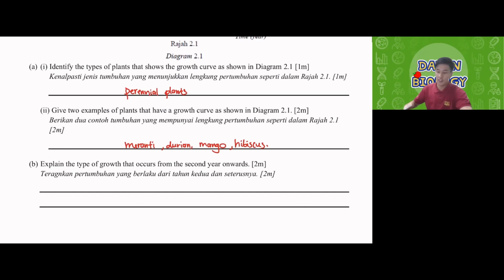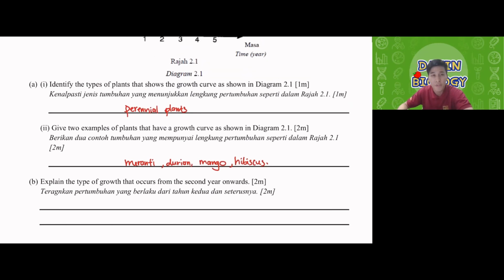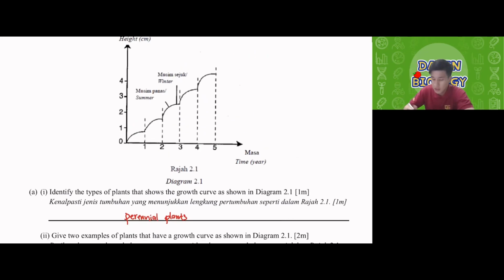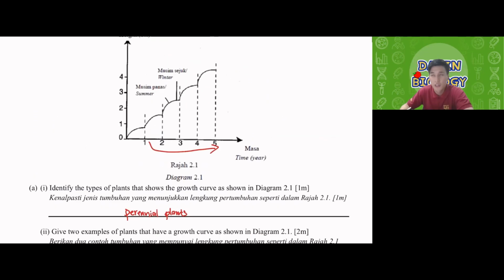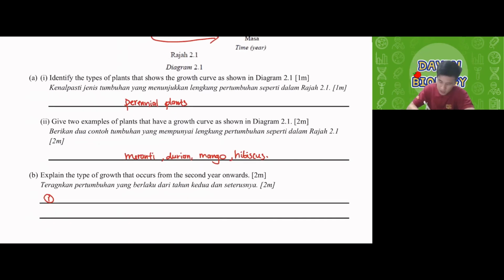Explain the type of growth that occurs from the 2nd year onwards. So the 2nd year onwards is what growth? There are only 2 growths we learned today. So 1st year is what growth? Then after that, 2nd year onwards is? Yes. Alright, secondary growth.